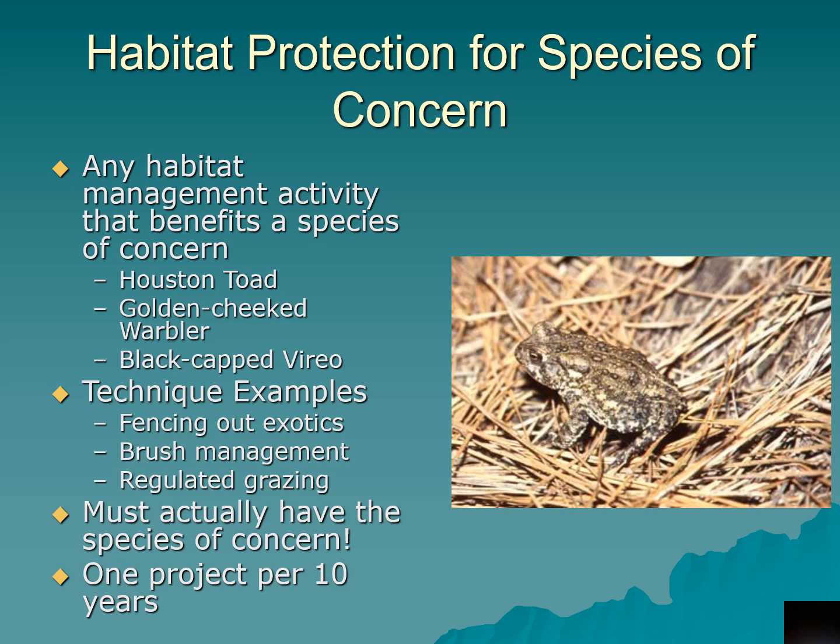Practices may include fencing out natives or exotics, brush management, regulated grazing, and various other practices. If you choose this category, I suggest you work closely with your local biologist and appraiser to ensure you're working with a species of concern and that your practices will benefit it.